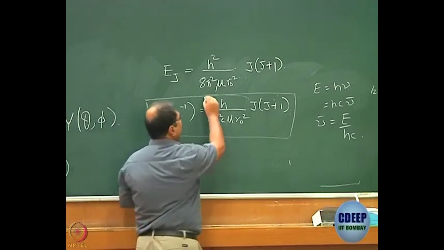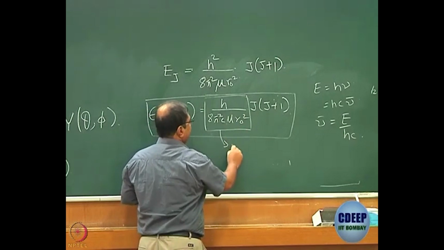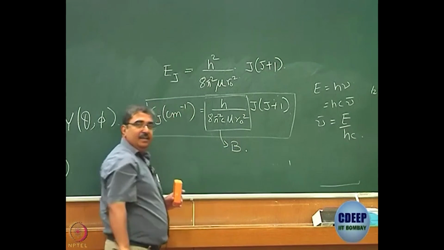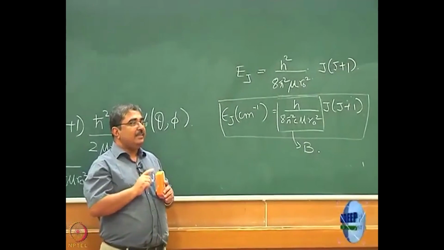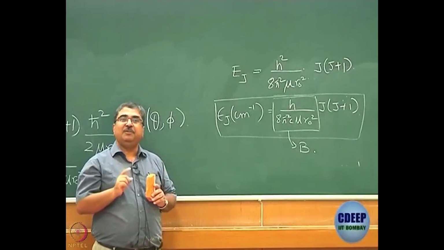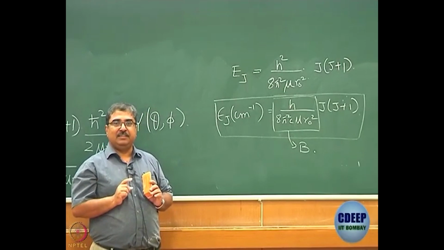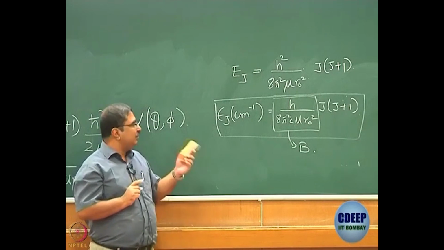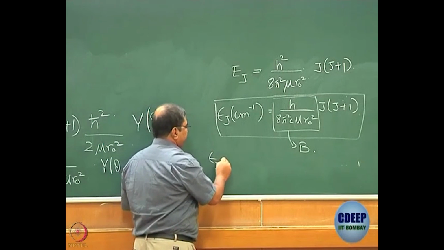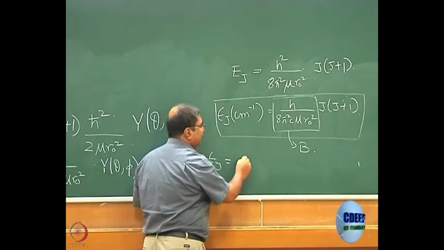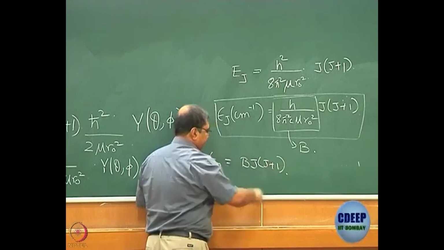So, for a particular molecule, I can call this a constant B, but we have to remember that this constant B is a characteristic of the molecule we are studying. It is not a universal constant, please remember that. Okay. So, this is your expression: epsilon j equal to B j into j plus 1. Do not forget epsilon j is in centimeter inverse.